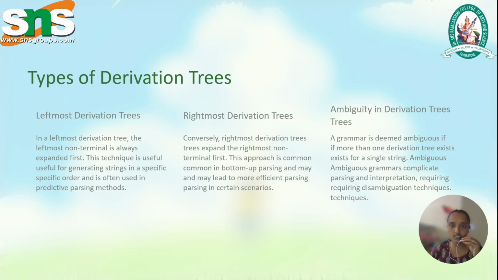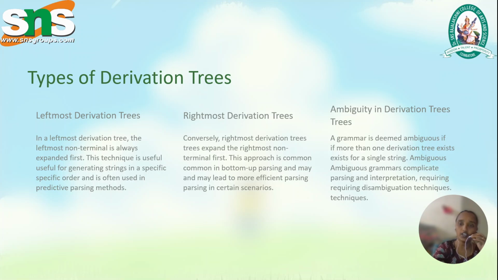The next one is ambiguity in derivation trees. Ambiguity means that a statement in a CFG grammar can give the same string in more than one way.